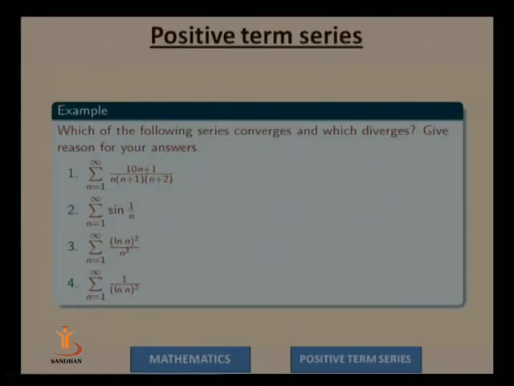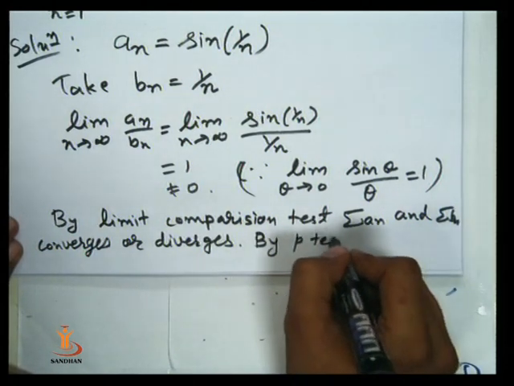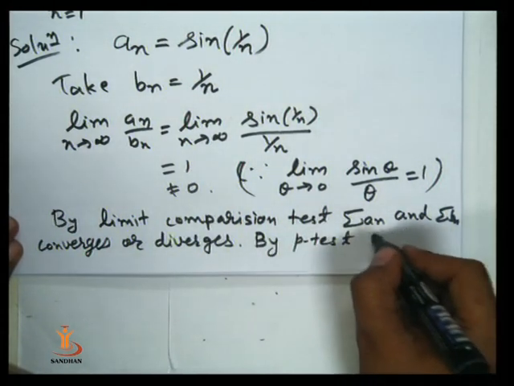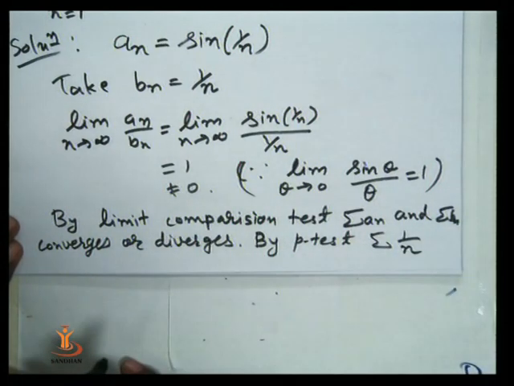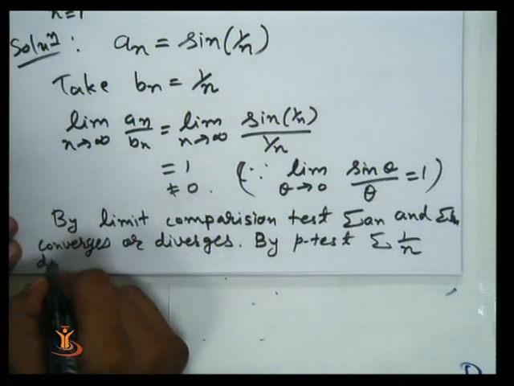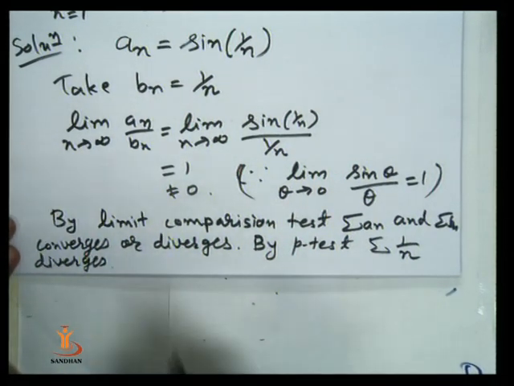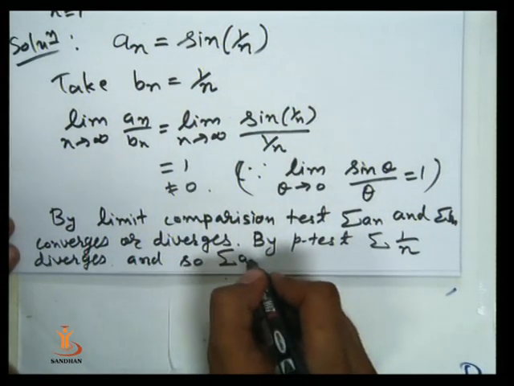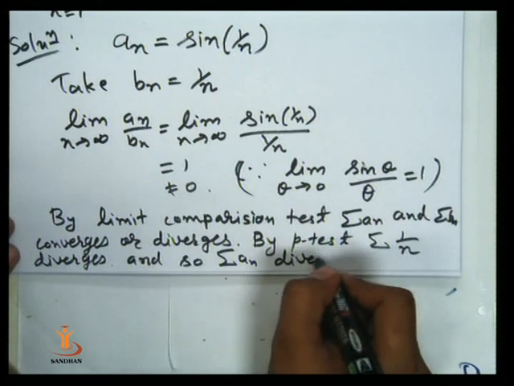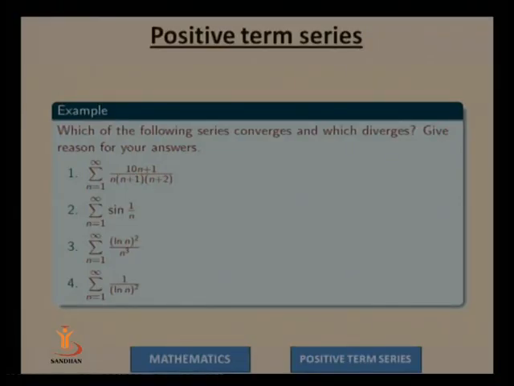But again by p test, summation 1 upon n diverges because we have p equal to 1, and so summation an diverges, right? So this example says that sine 1 upon n is a divergent series.